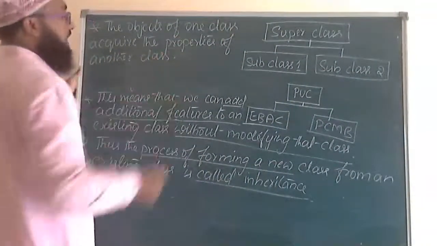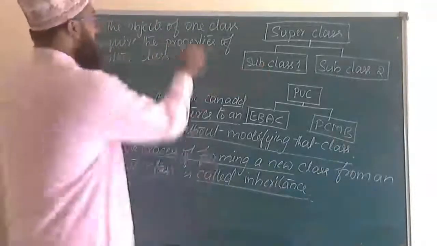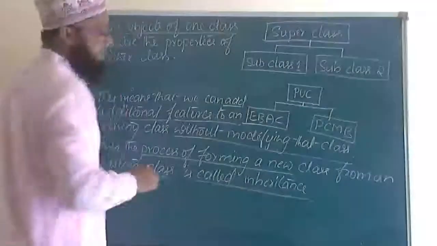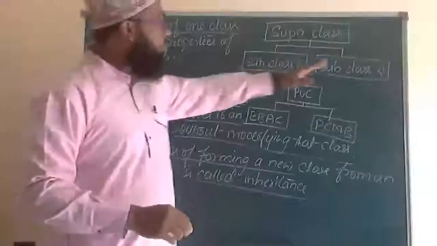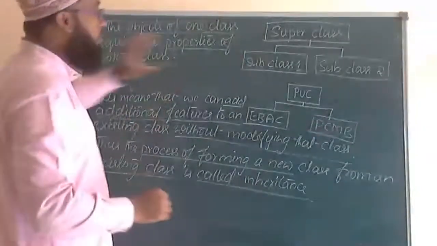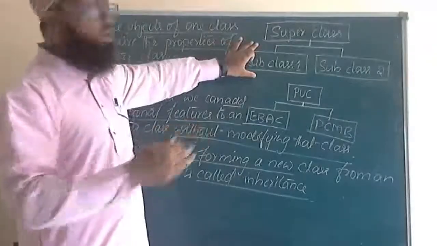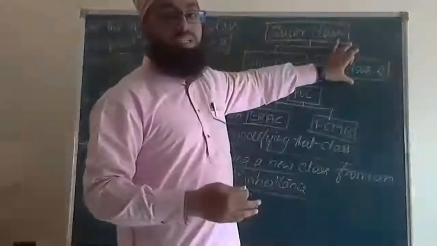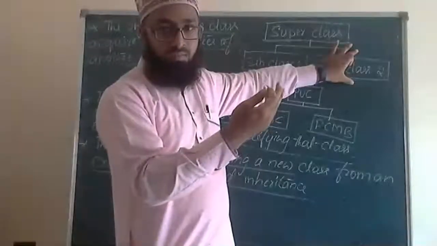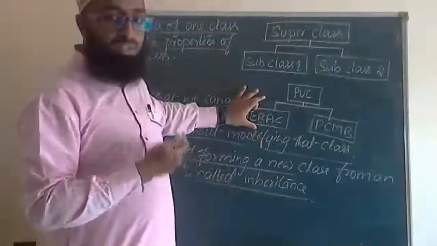Under inheritance, see, class 1, objects of one class can acquire the properties of the next class. It means the objects which are present in one class may acquire the properties of the objects which are present under the second class, or the next class.